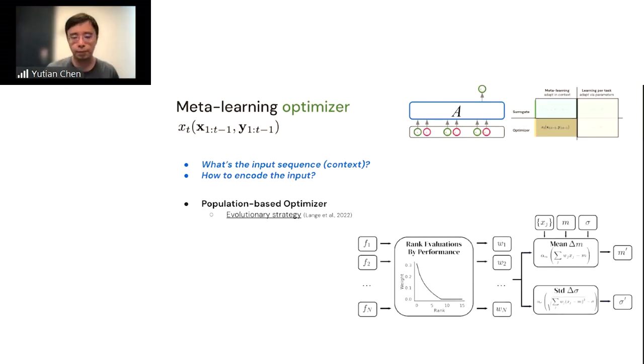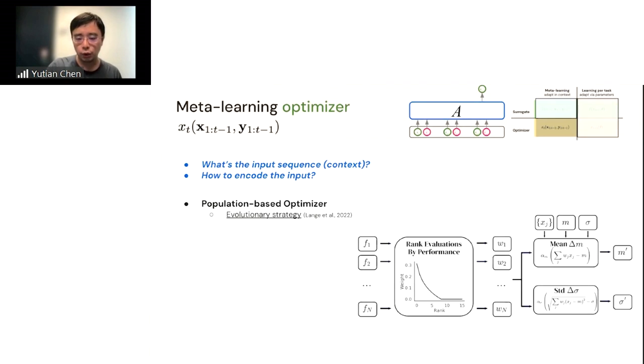A key component is that after they generate the samples from one population and get the function evaluation for every particle, the evolution algorithm needs to compute the weight for different particles. Higher weight is given to better particles, and then these weights are used to update the distribution for generating the next population.